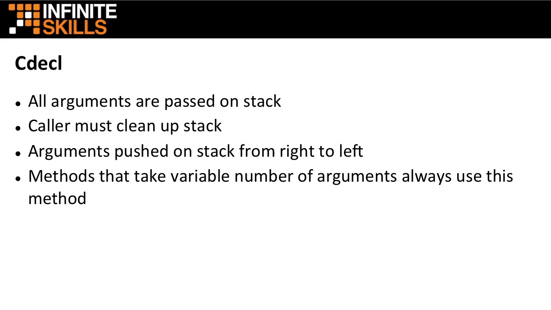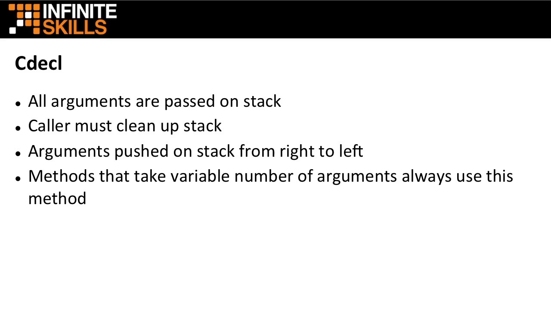cdecl is a calling convention where all of the arguments are passed on the stack. The caller must clean up the stack when you use cdecl, and the arguments are pushed onto the stack from right to left. This is a required calling convention in certain cases, most notably whenever you have a variable number of arguments on the stack.